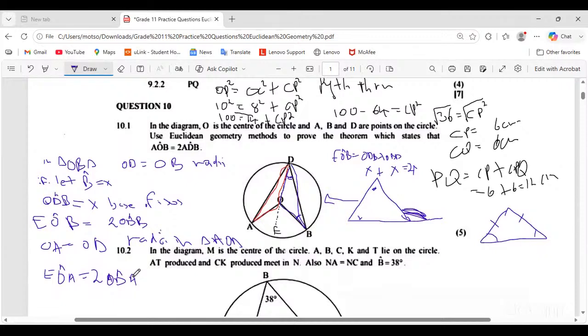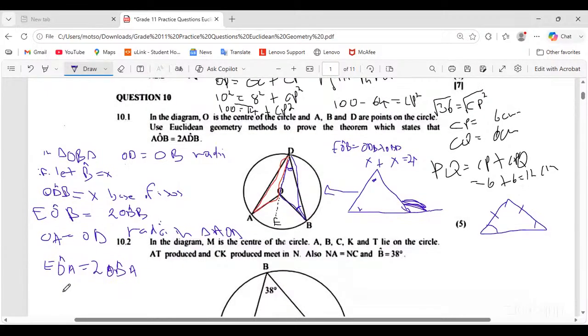Now, angle AOB there at O. This whole angle here is going to be equal to this part plus this part, which is going to be EOA plus EOB, right?